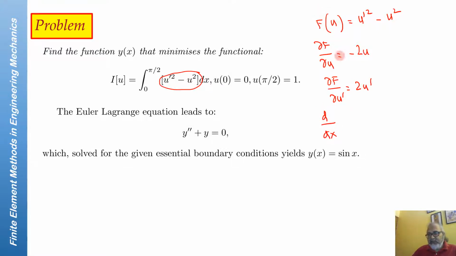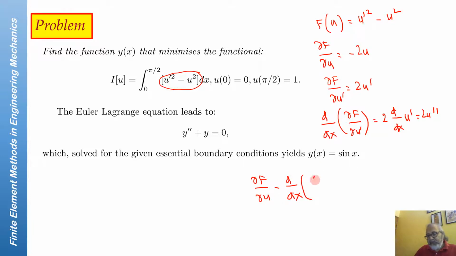This is a function of one variable only, so calculate d/dx of ∂f/∂u', which will be 2 times d/dx of u', that is 2u''. So your Euler-Lagrange equation is ∂f/∂u minus d/dx of ∂f/∂u', which will give you minus 2u minus 2u'' equal to 0.